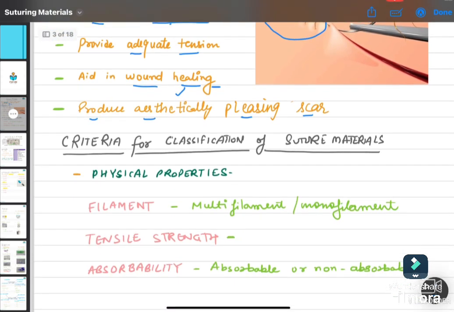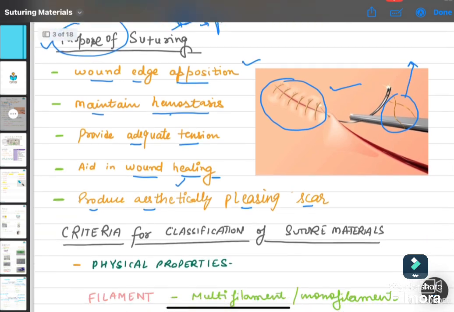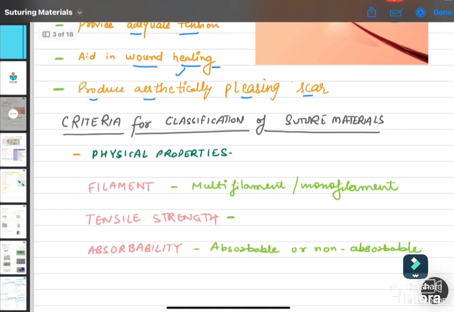Now, what is the criteria for classification of suture materials? For suturing, we will be using these materials, and these materials are classified based on some criteria. So, we are now going to study those criteria. Physical properties. First thing is filament.